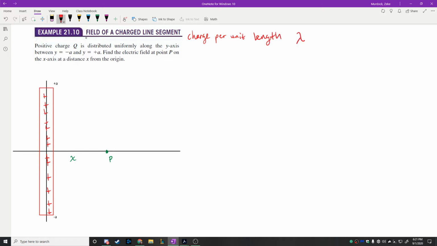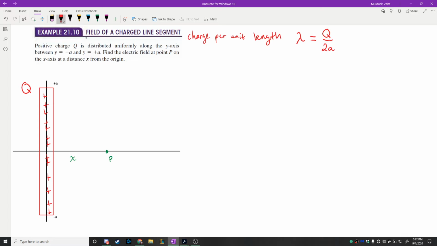We're also going to say the total charge is Q on the entire object. The object has a length of 2a, so we can define lambda as Q divided by 2a. That makes sense to you guys? Charge uniformly distributed. The charge per unit length, lambda, is equal to the total charge Q divided by 2a.